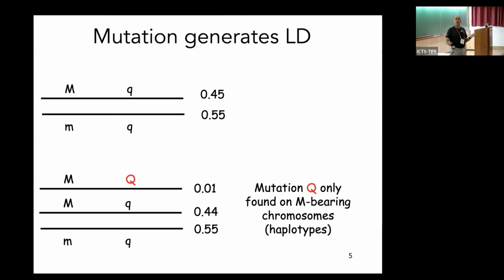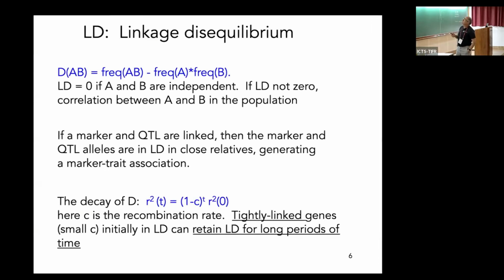And for that difference I could either do an ANOVA and look for differences in a continuous trait, or I could do chi-square tables, or logistic regression, or Cochran-Armitage trend tests if I have discrete data. So all that methodology we use for QTL mapping for marker trait associations is exactly the same we use to detect them in a GWAS.